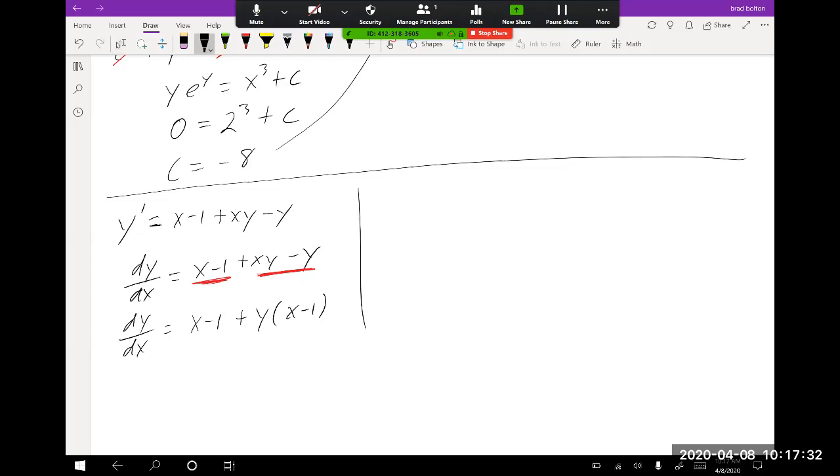I'll put that in red. So that actually means that now I have dy/dx equals, they both have an x minus 1 in common. So I'm going to factor out an x minus 1, and that's going to leave behind a 1 plus y. So now I can separate.